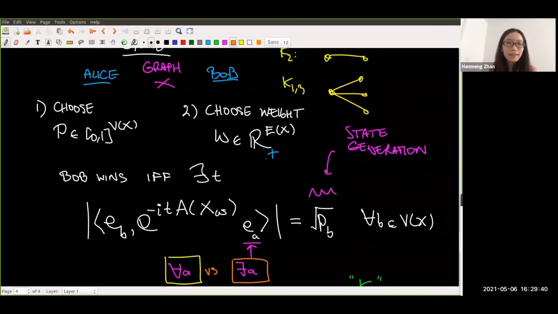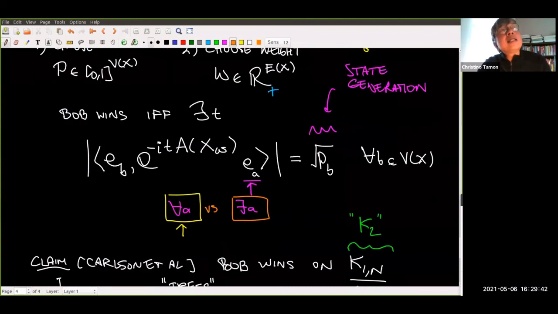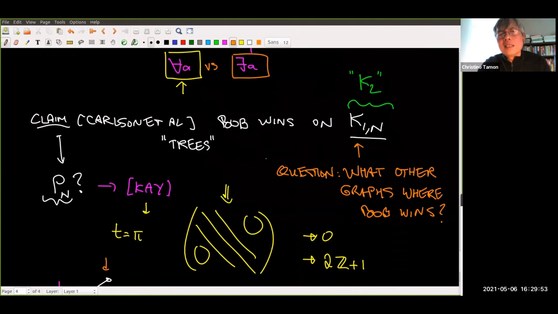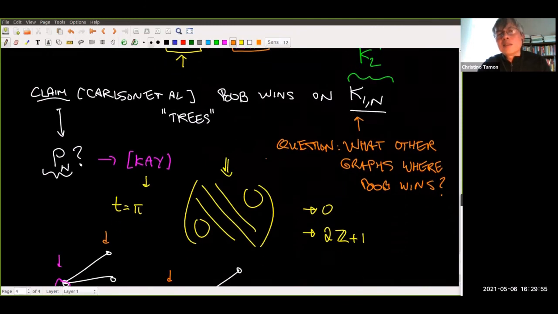For this paper by Kay, I think Alistair probably allows self loops, but I don't think he uses it, if I'm not mistaken. I might be wrong. I have to check. That's a good question. But Harmony, you're asking, are there graphs for which just adding self loops will be enough for Bob to win? Yeah. I don't know. I don't know.